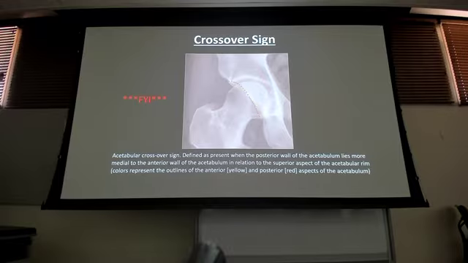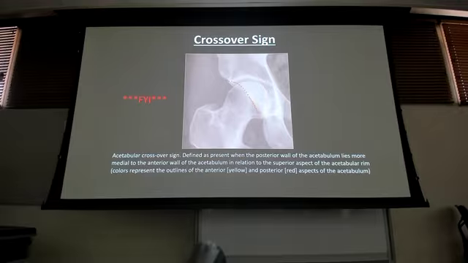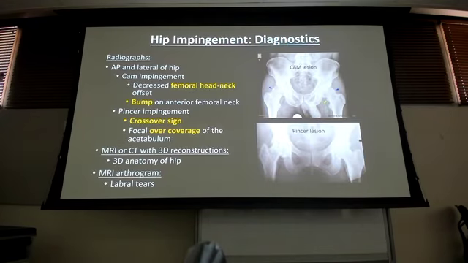You do not need to know how to find this, but you need to know what a crossover sign is. This picture explains why you have that crossover sign, okay? I labeled it clearly in red. This is just FYI. Any questions about that? Okay.